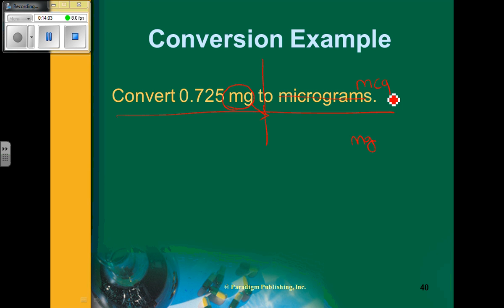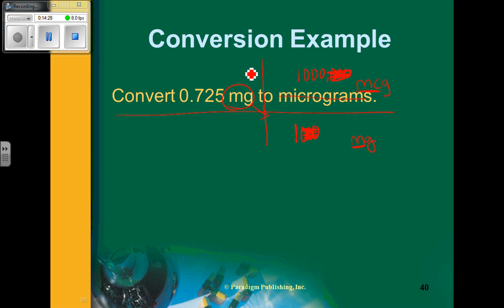Micrograms. All you have to do is look in your chart and see that micro means 1,000,000. Milli means 1,000. If you want to simplify, you can. We have 3 zeros here. We can take away 3 zeros here. Now you're left with 1 and 1,000.